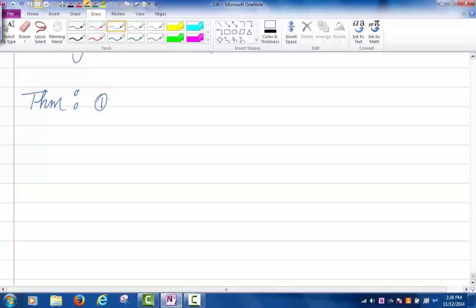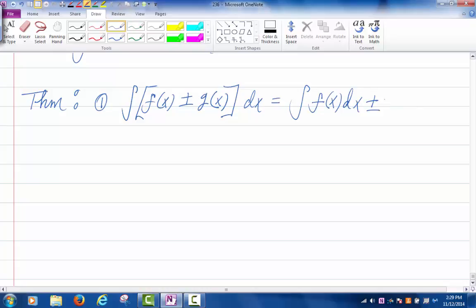So number 1, if I take the integral of f of x plus or minus g of x dx, I end up with the integral of f of x plus or minus the integral of g of x. So this is telling me that I can take the derivative of a sum term by term, okay?